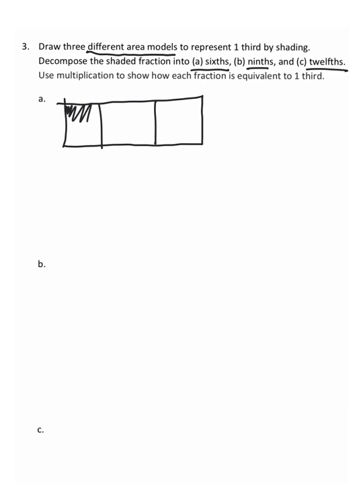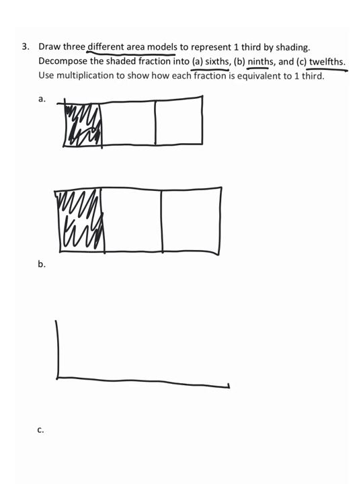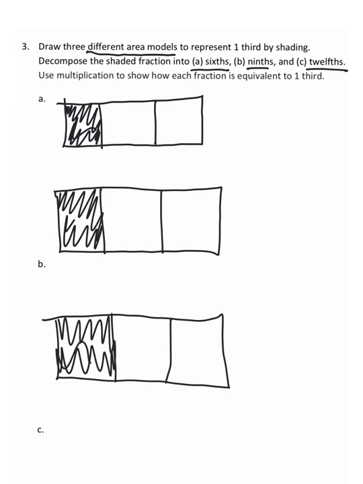So here is my 1/3. All right, now I got to do another one because I have to do this more times. I'm doing thirds. There's my other third. And then my next one, thirds. And I color that one into thirds, 1/3.